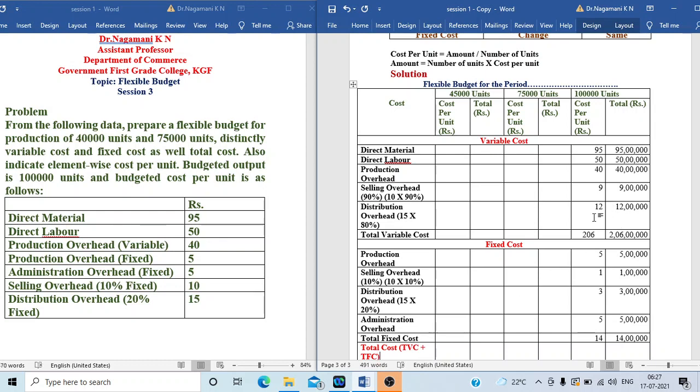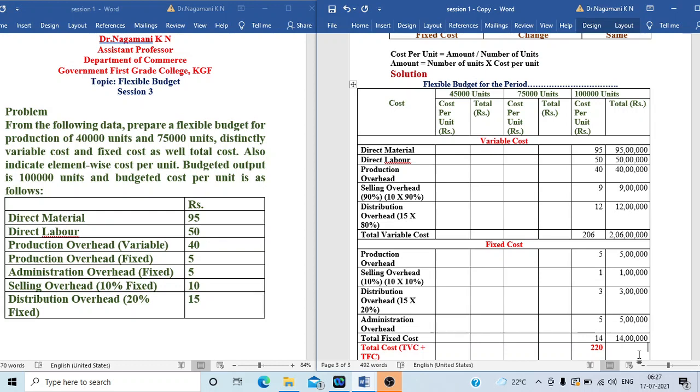Total variable cost per unit is 206 and fixed cost is 14. That we should put the total, 220.